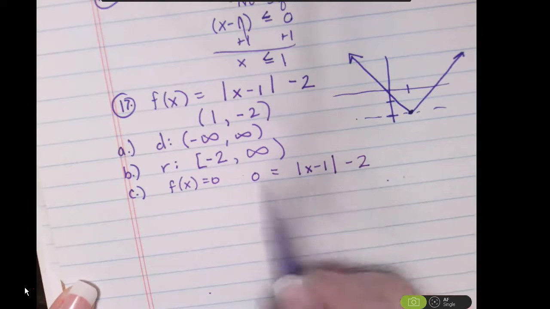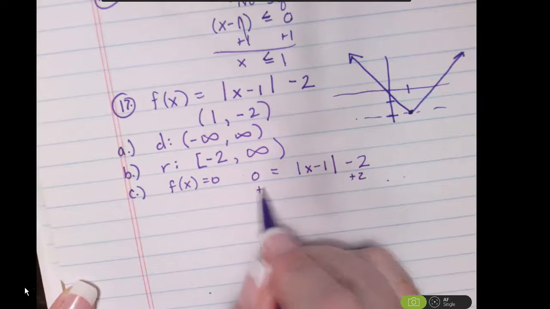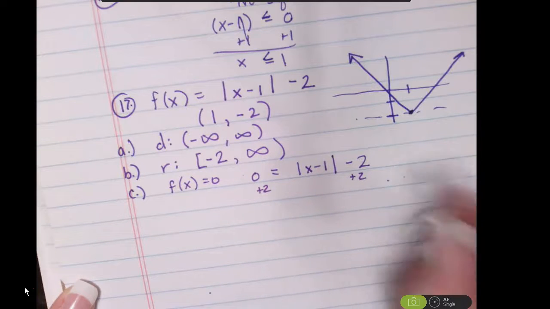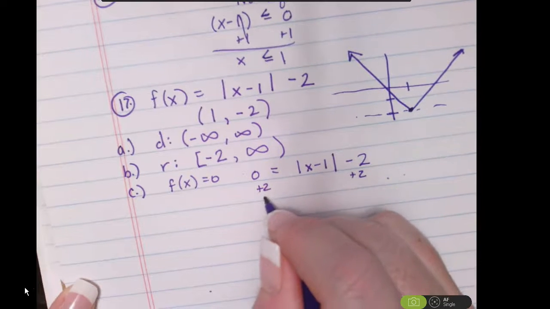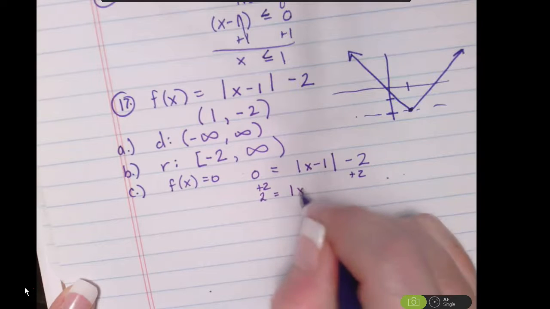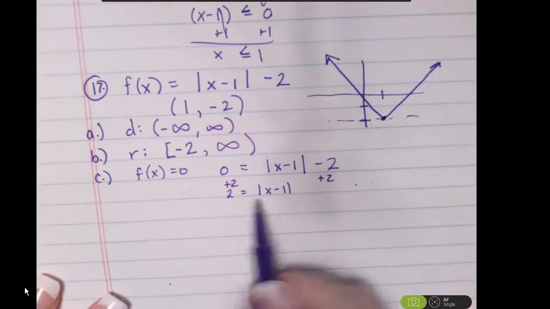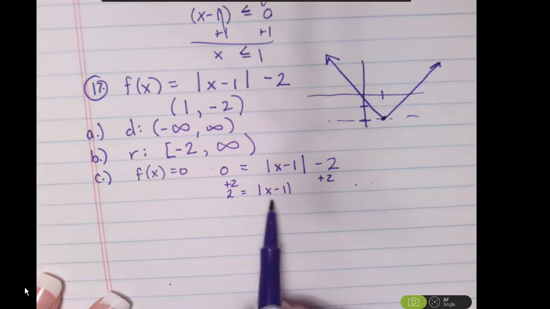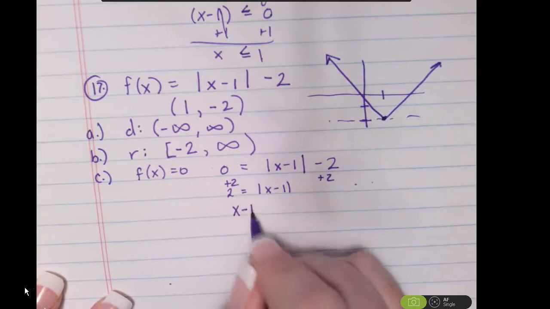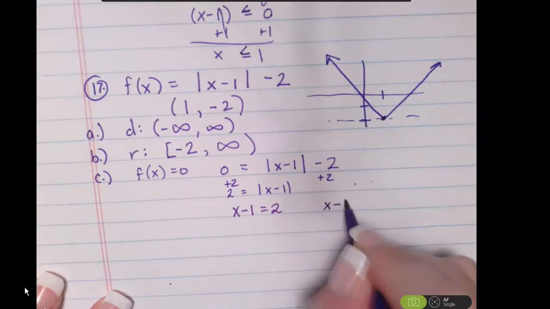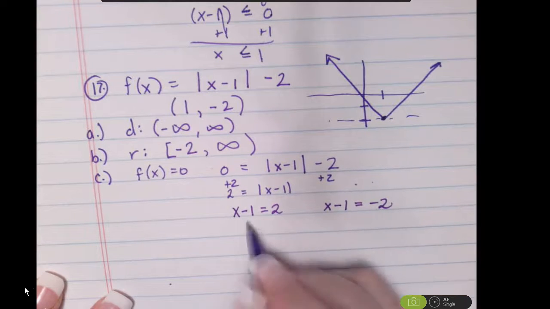And then I'm going to add 2 to both sides. So now I've got positive 2 equals the absolute value of x minus 1. And then we have a certain methodology that we have to use for solving absolute value equations. We have to split the equation in half. So I need to see when does x minus 1 equal 2 and when does x minus 1 equal negative 2.